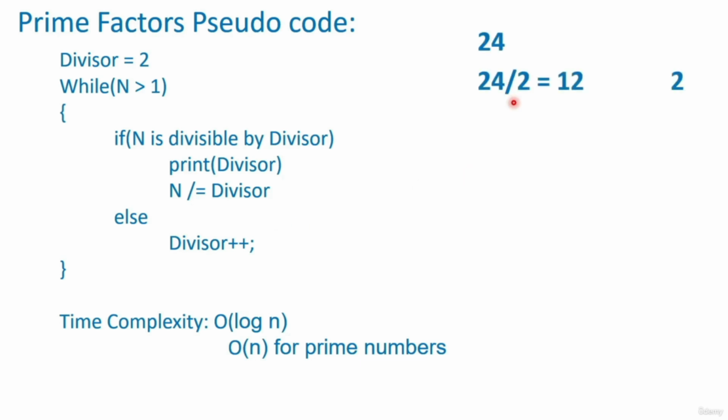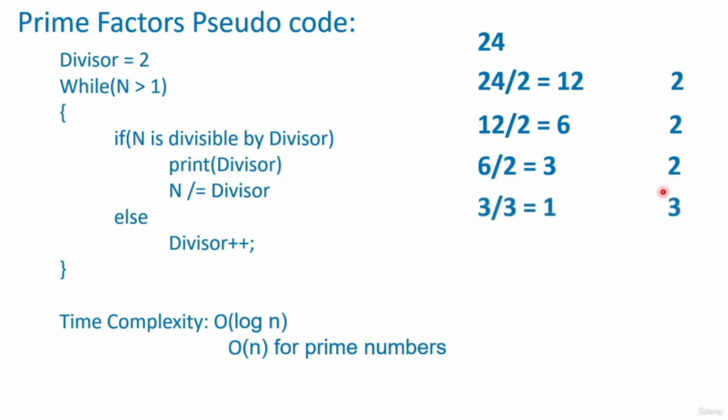We have 24, then we divide it by 2, we get 12, and we are going to print 2. And again for 12, if we divide it by 2, it is divisible, then we get 6 and we are going to print 2. Again for 6, we are printing 2.